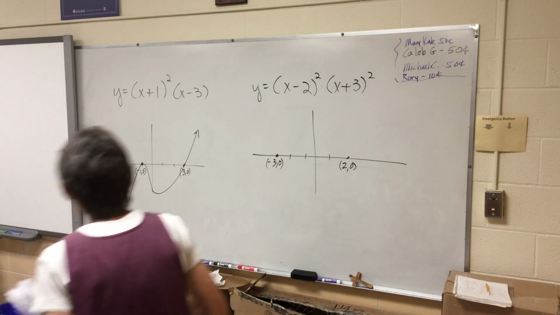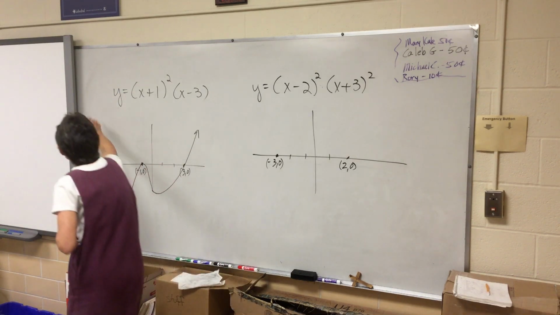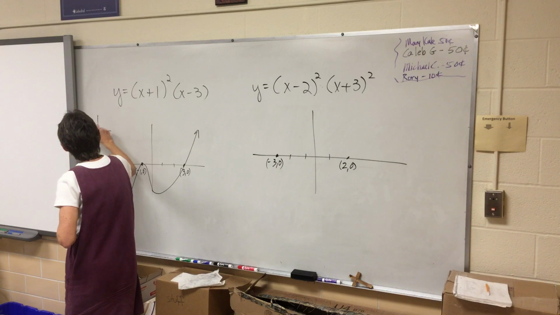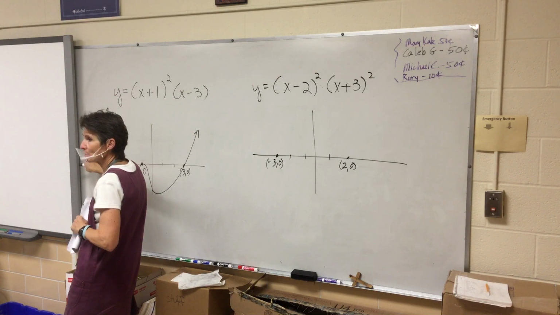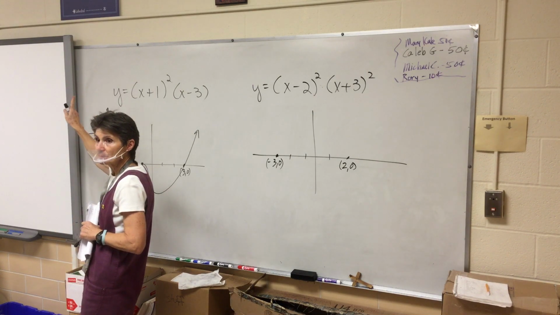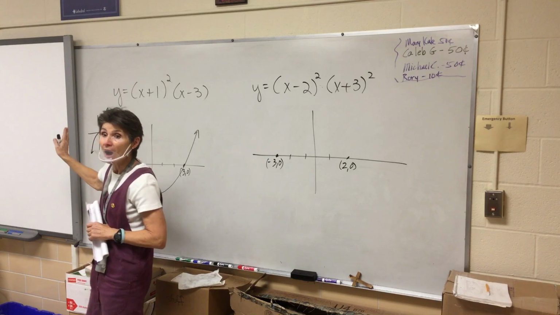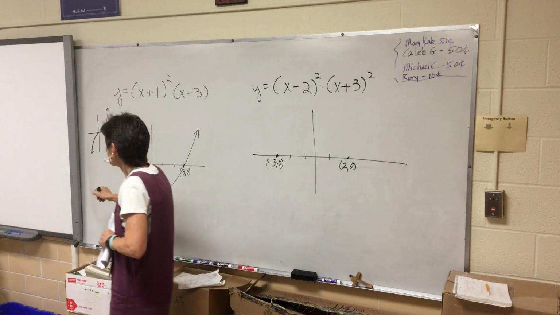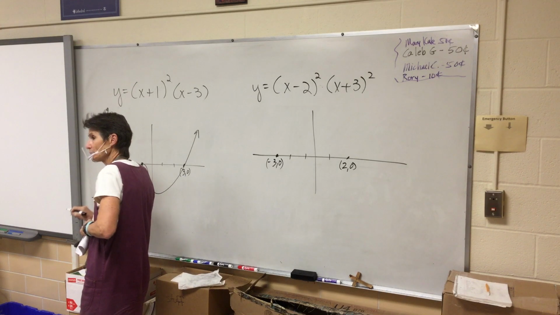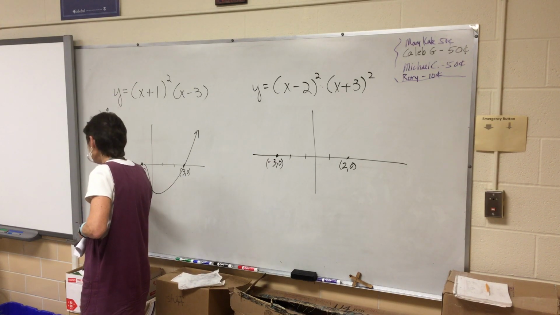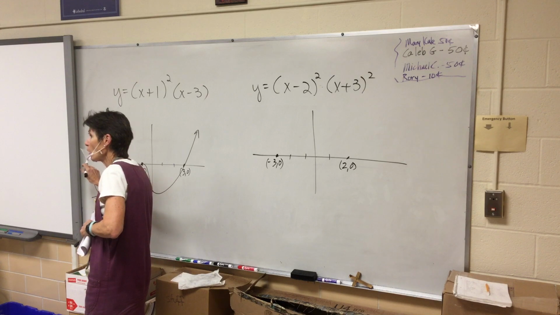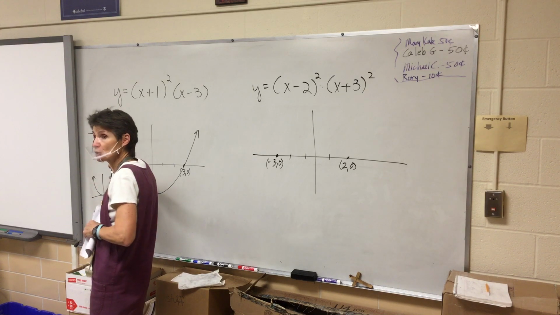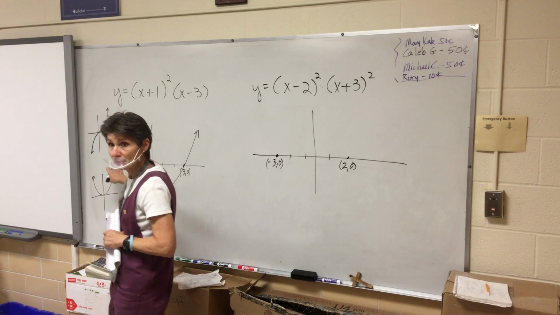So your cube that we were doing before started down here and ended up here. That's the way odd powers behave, like x to the third. Even powers, on the other hand, behave like this. They start up and also end up.